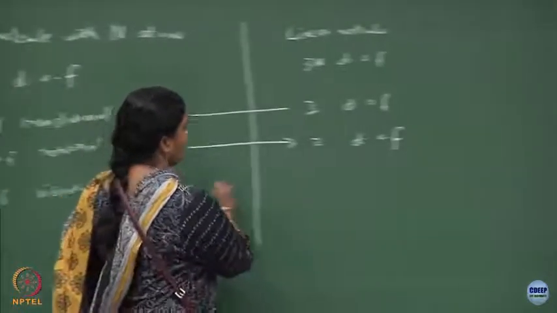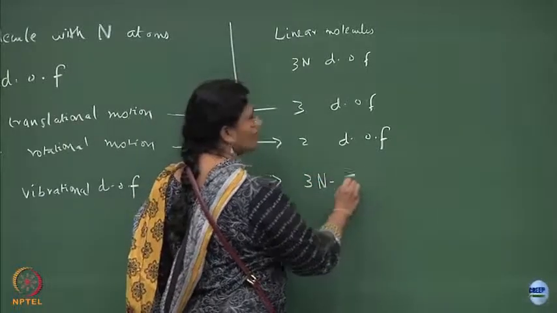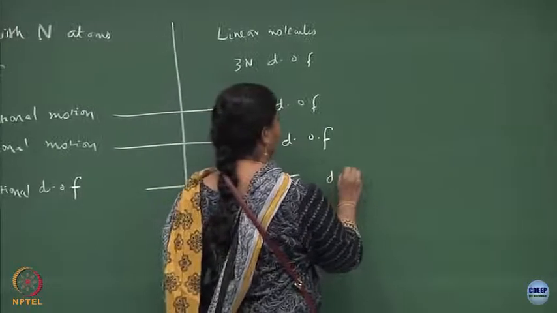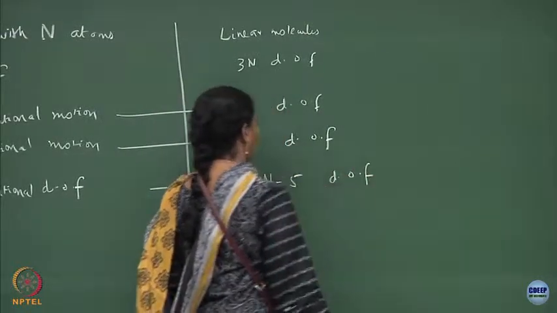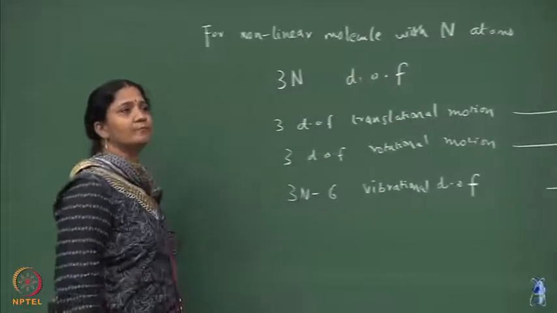So, the vibrational degrees of freedom for a linear molecule will be 3n minus 5. Okay.